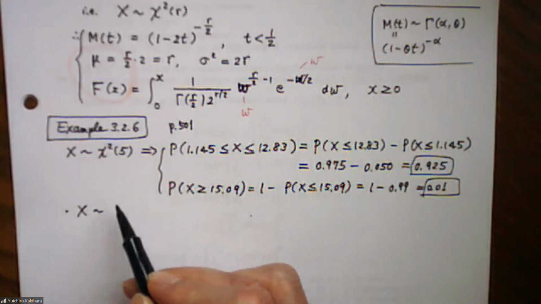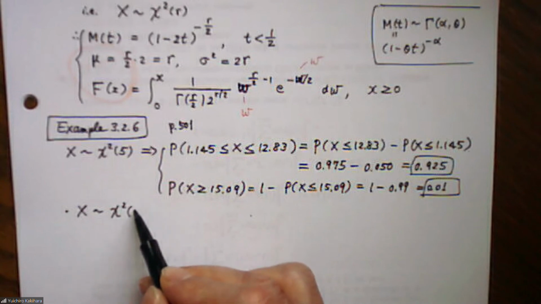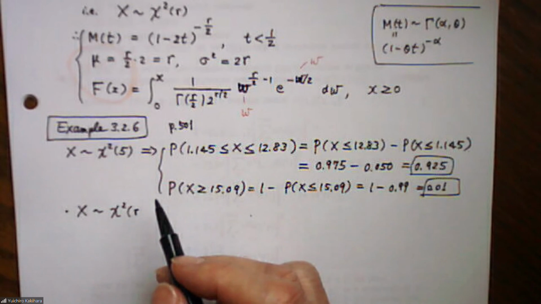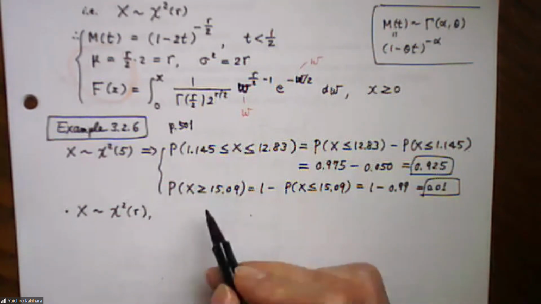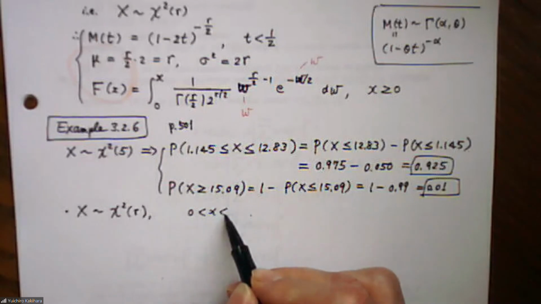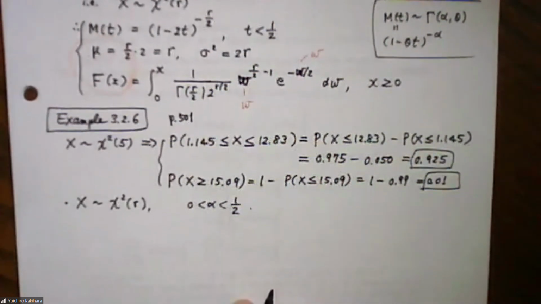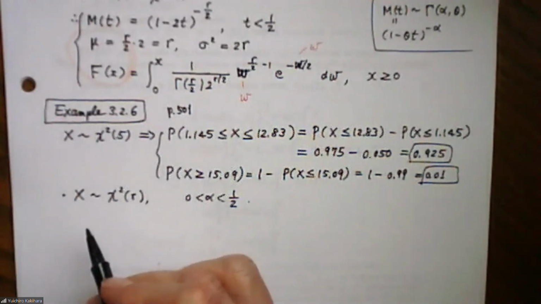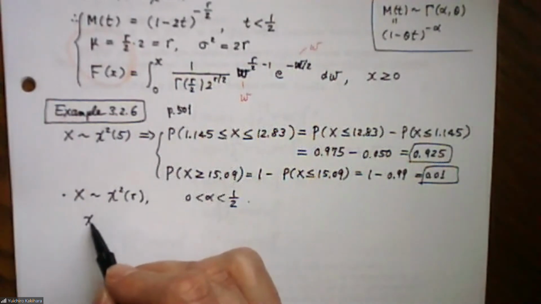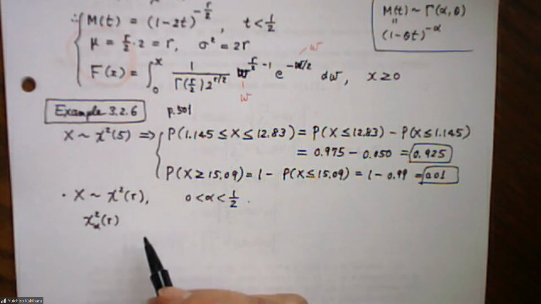X is subject to the chi-square distribution with degrees of freedom r. And alpha is between 0 and 1/2. Then the number chi-squared sub alpha of r is not indicating the distribution, but is actually a number.